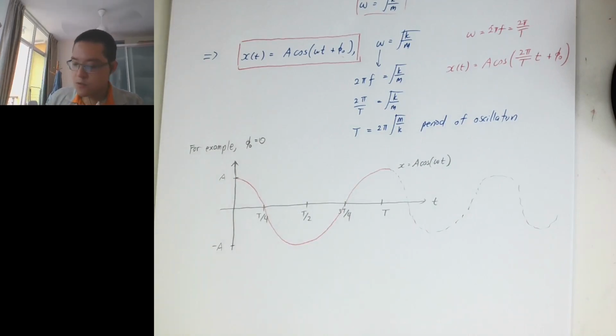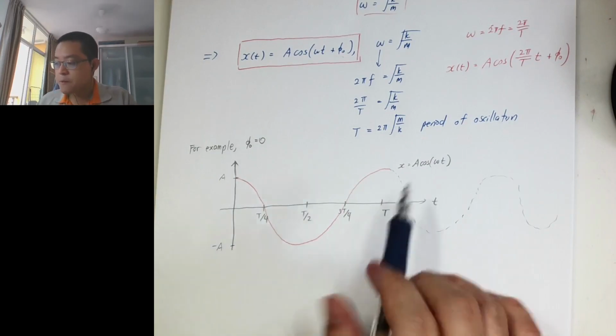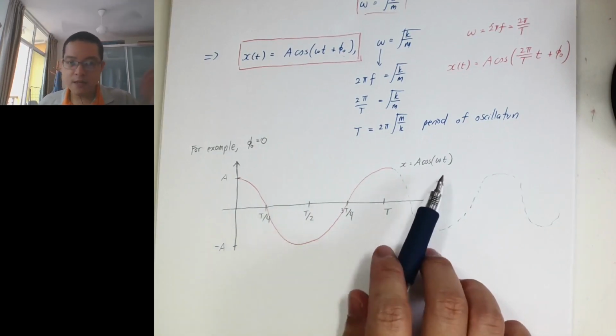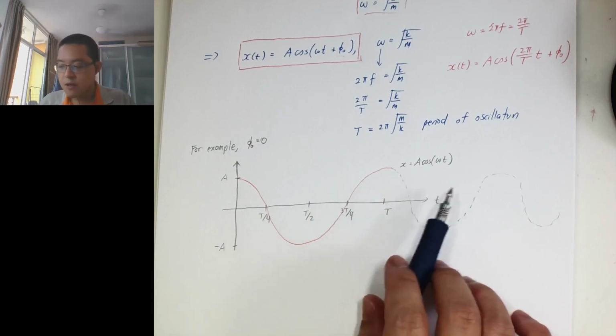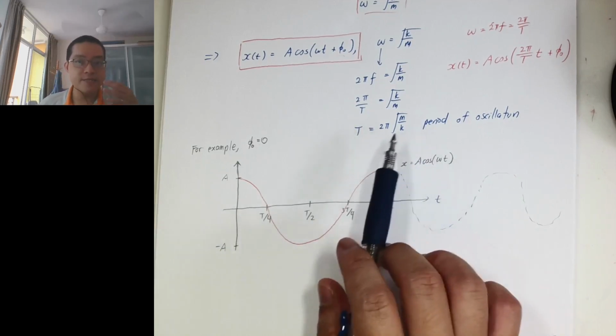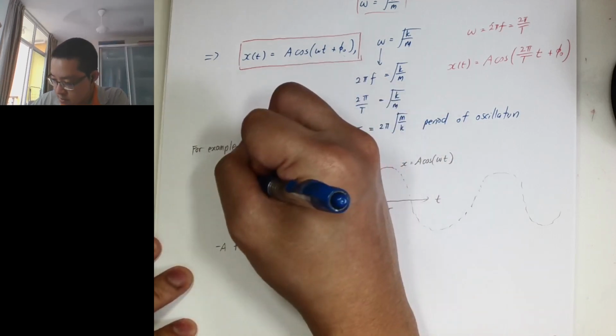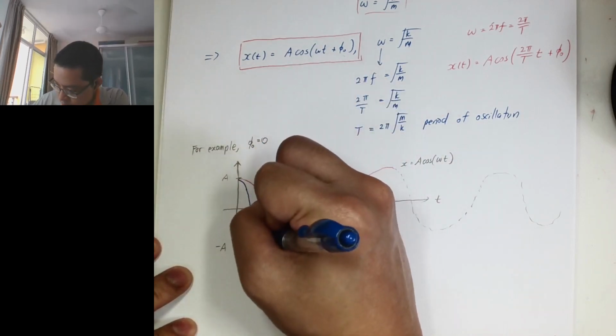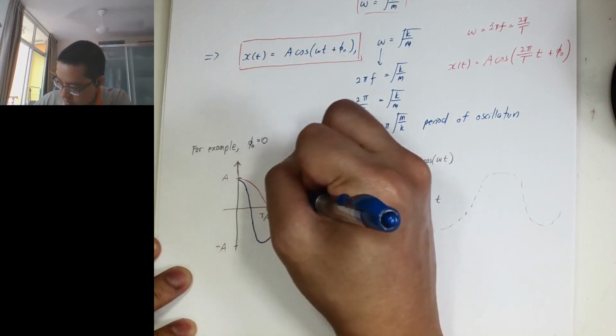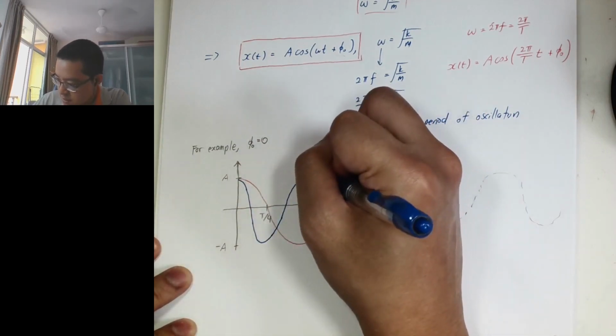Now we also need to know this one, which you also learn in the calculus course. What happens if the frequency is doubled? It's going to become like this. My drawing is ugly, but hopefully I get it right.